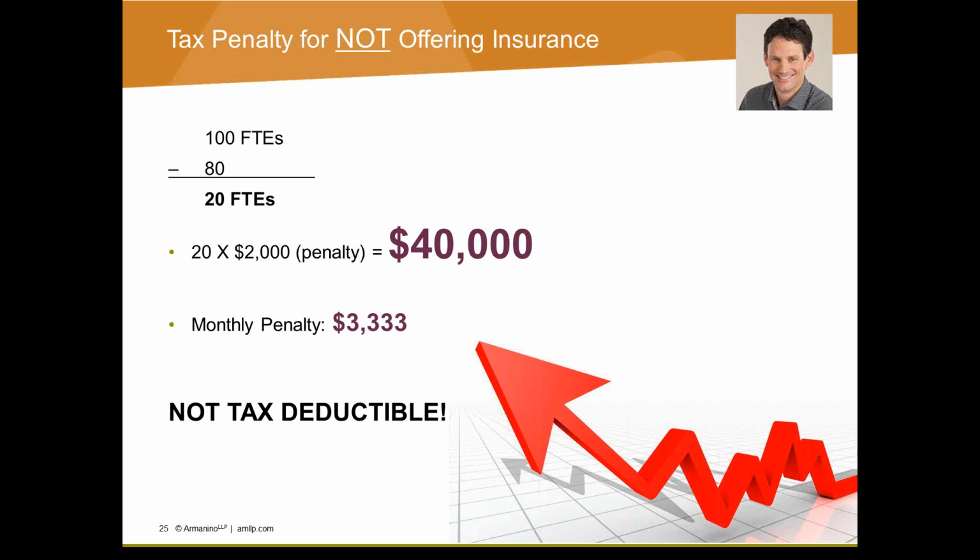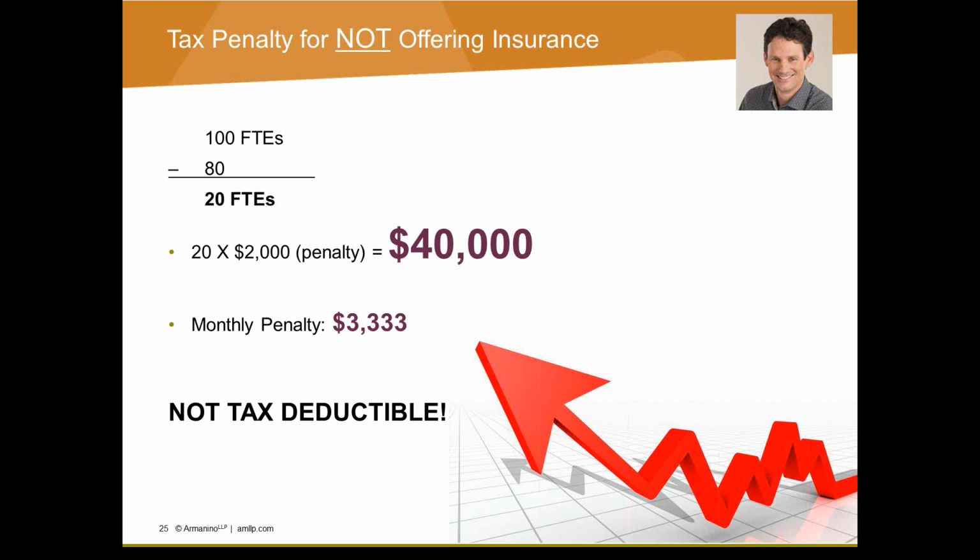And you can see here that you could have offered 69 of your employees coverage. So you're paying for coverage for them, but because you didn't meet the 70%, you're going to get penalized on the entire workforce. So not only do you pay the penalty on the entire workforce, but you also pay insurance for the employees that you actually are paying insurance for.